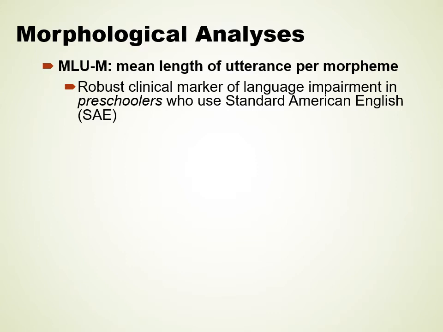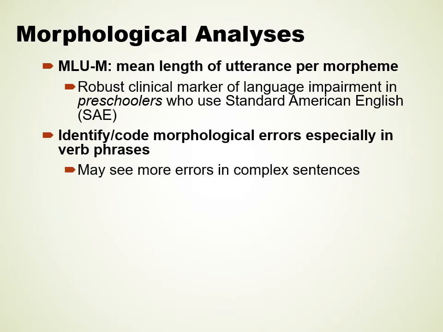If you find that a student's MLUM is reduced for age, then you want to look more closely at each utterance to identify morphological errors, and you might see more of these errors in verb phrases, as verb phrase errors are also another clinical marker of language impairment in students who use SAE. You'll also find more of these errors in complex sentences, because these sentences take a bit more resource allocation for the student to formulate.